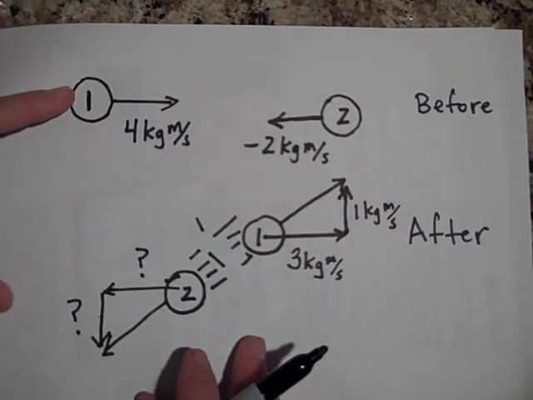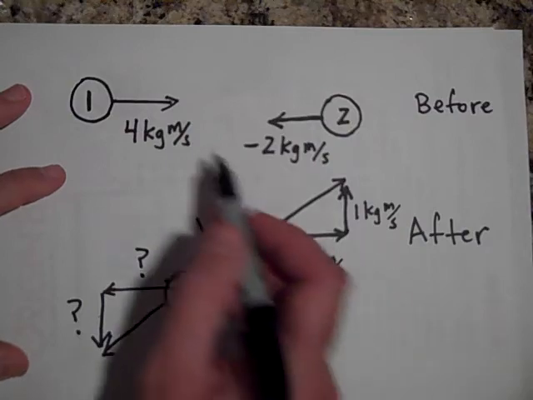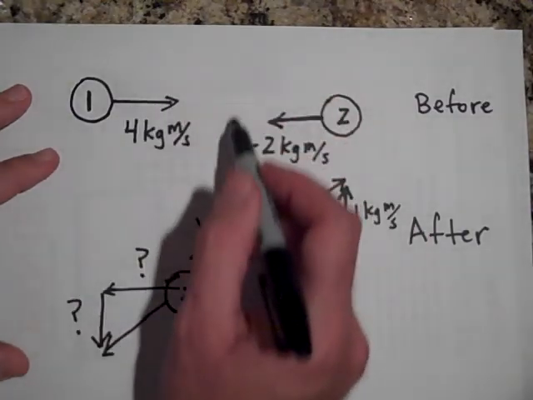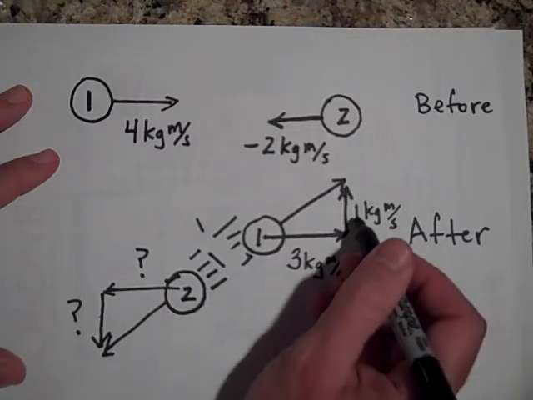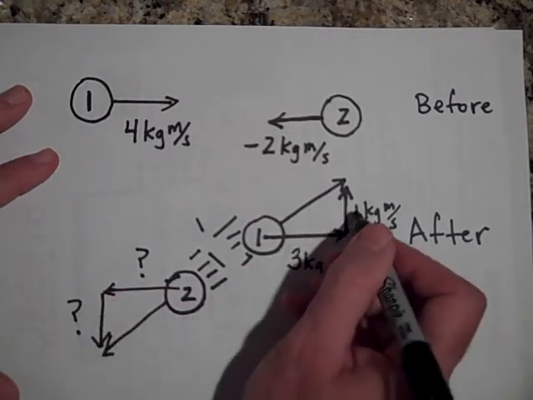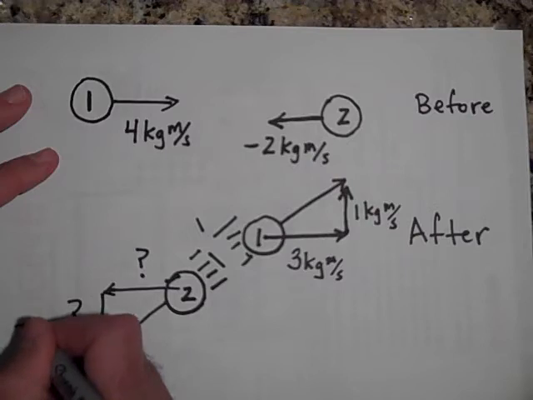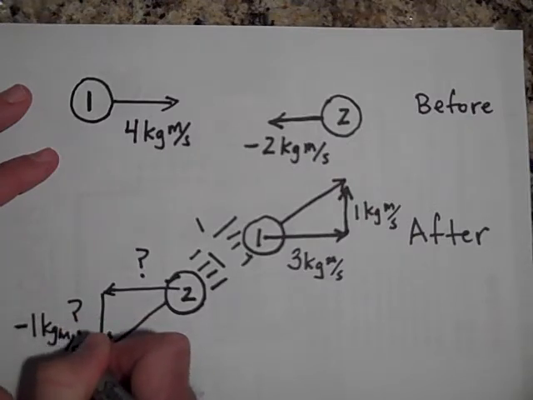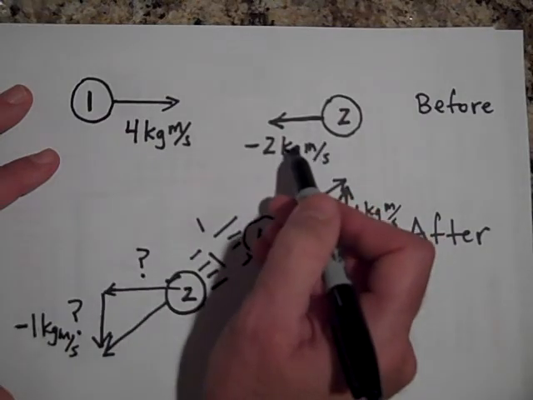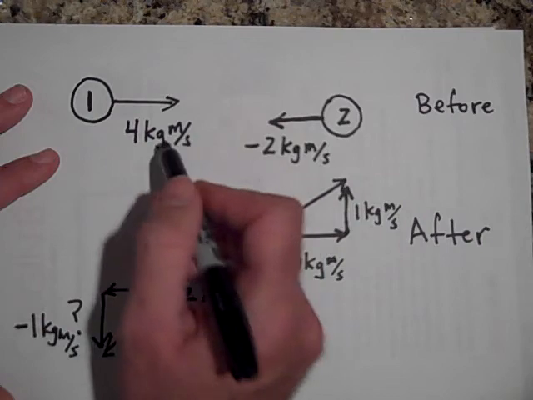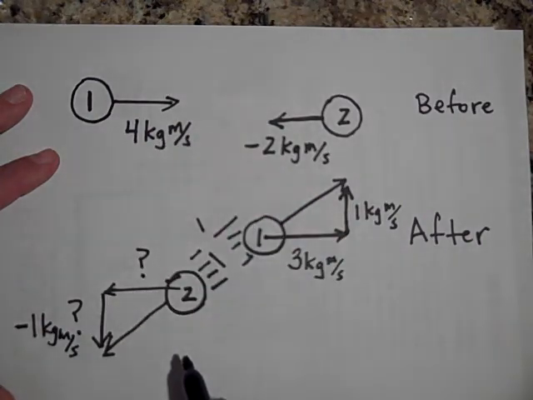Okay, we're back. Well, since this had no momentum in the y direction at first, it shouldn't have any momentum in the y direction afterwards. So this has to match that. It's going to be negative 1 kilogram meter per second. The total momentum before the collision in the x direction was positive 2 kilogram meters per second.